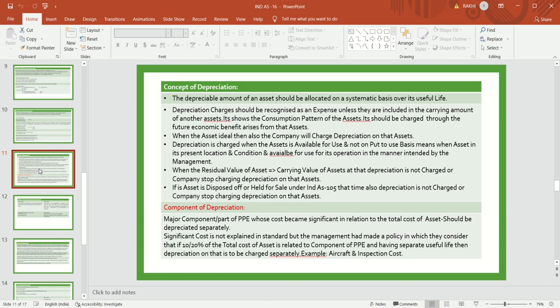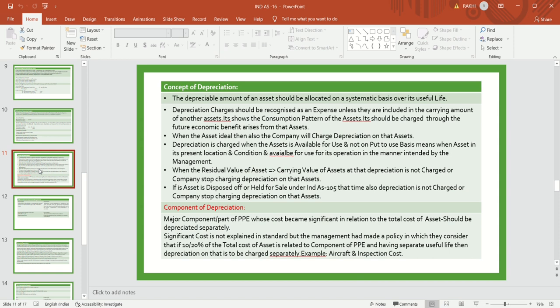How does the company consume that asset throughout its useful life? Because of the future economic benefits that arise from the asset, it should be allocated or depreciated in that way only, throughout the life of the asset, which gives future benefits to the company.